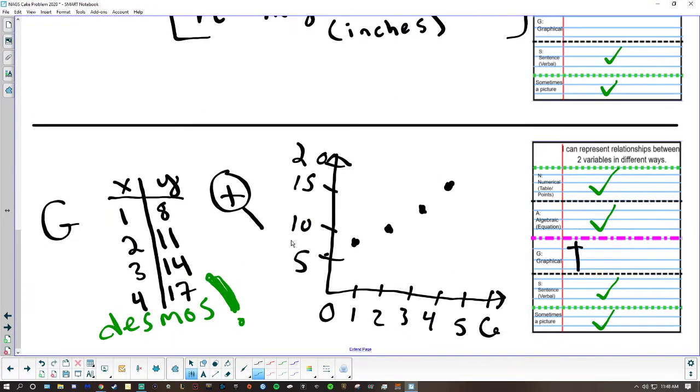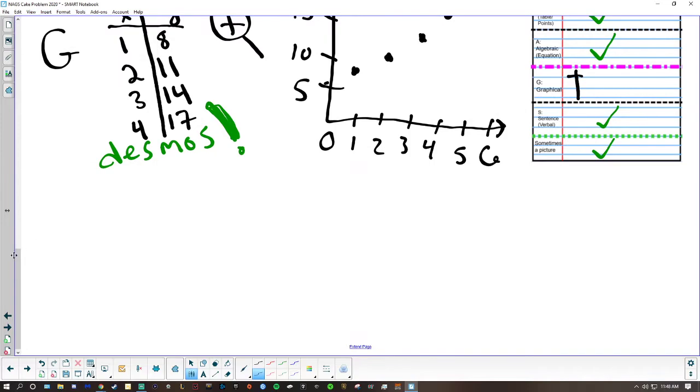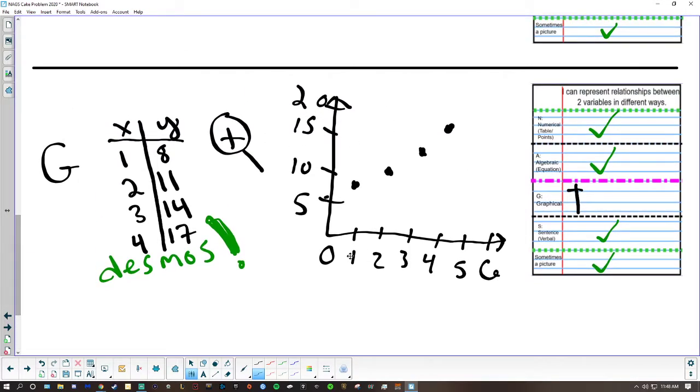Now, when we do graphs, we need to make sure that we label it. Okay, so along the bottom here are my n values. And remember, the n represented the number of additional layers.